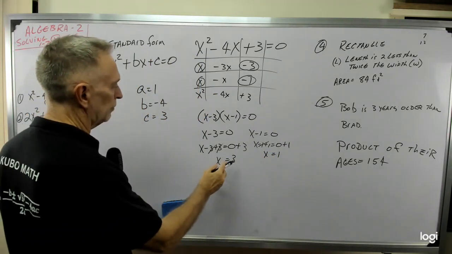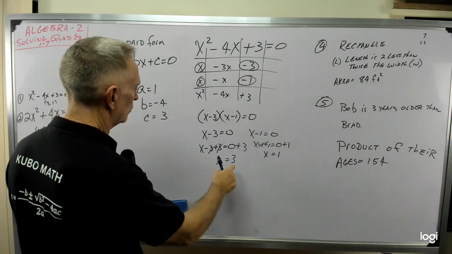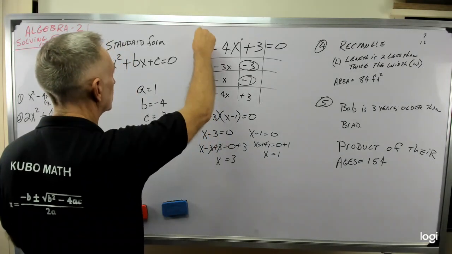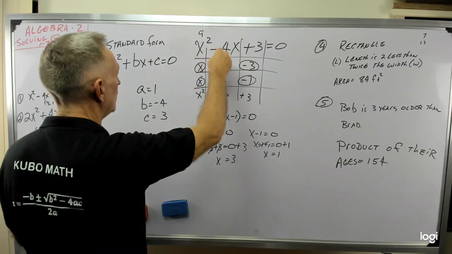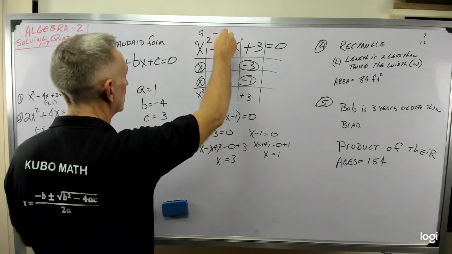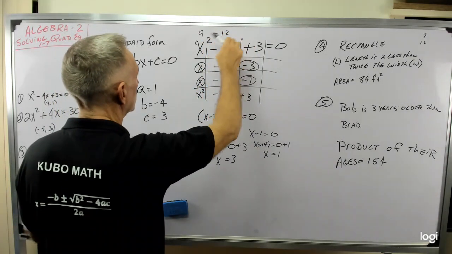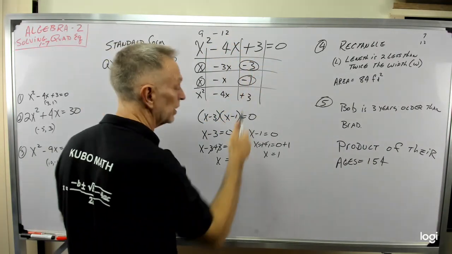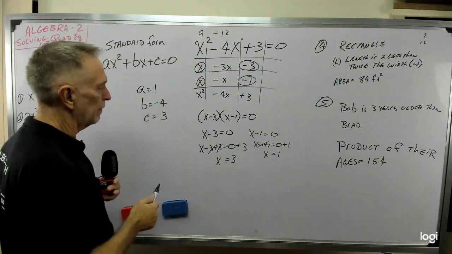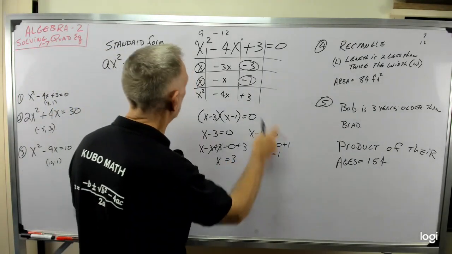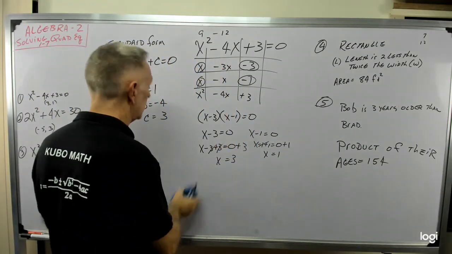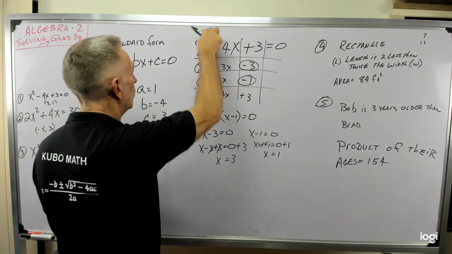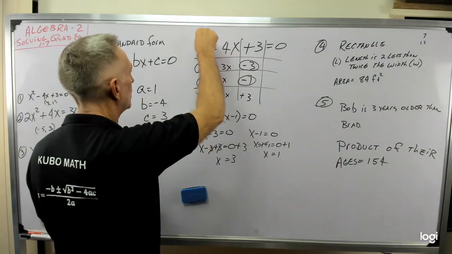Okay, let's see if we're correct. So 3 squared is 9. Minus 4 times 3 is 12. 9 minus 12 is a negative 3. Negative 3 plus 3 equals 0. So that checks out. X equals 1. So 1 squared, 1 to the second power is 1.